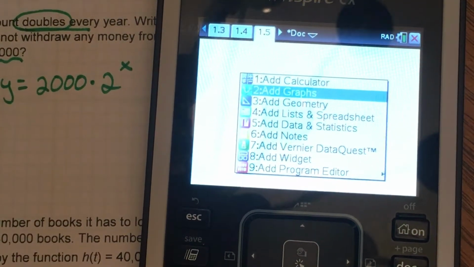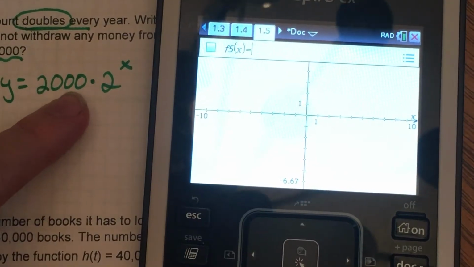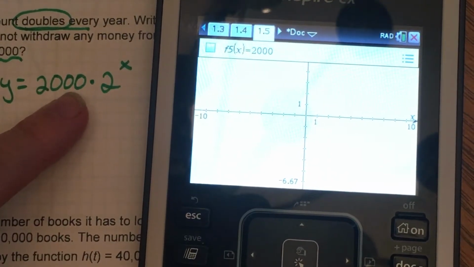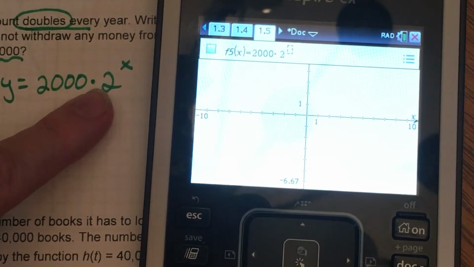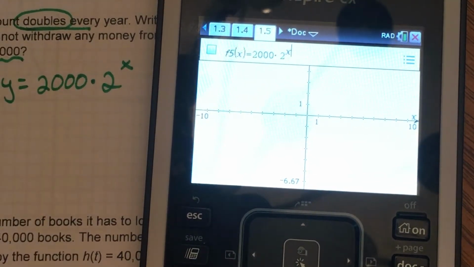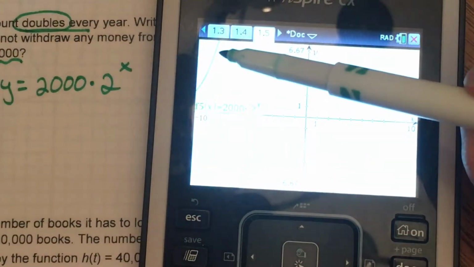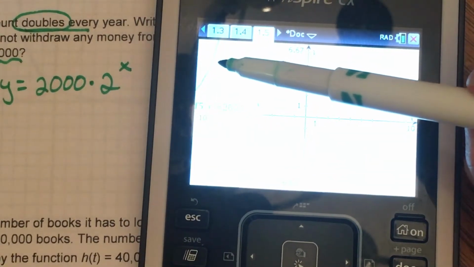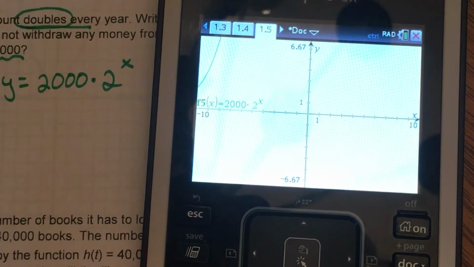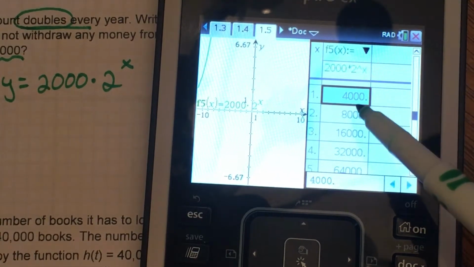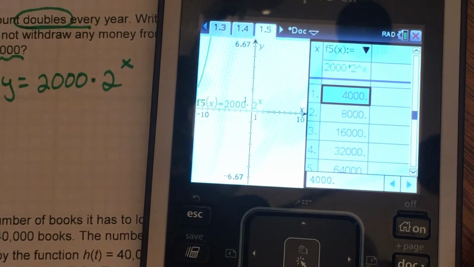We have a graph. 2,000 times 2 caret x. It's way over there, but that's okay. I don't really care about the graph. What I need is the t-table. So Control T, that's what I need, is those numbers.